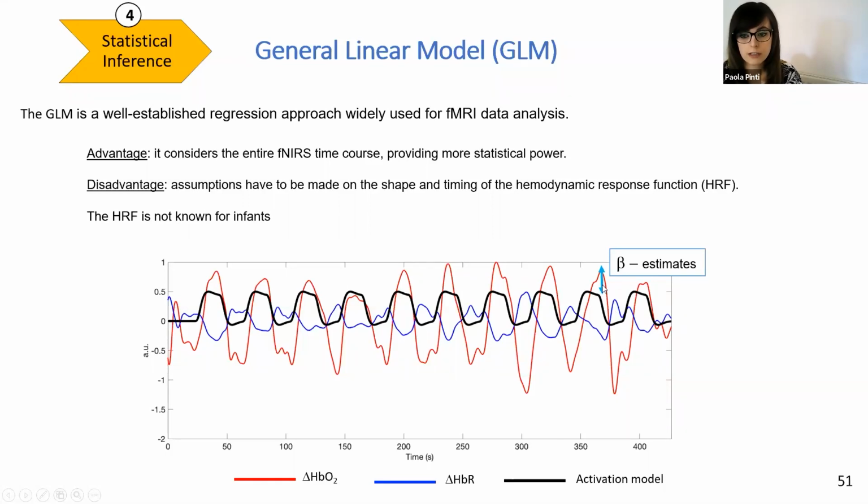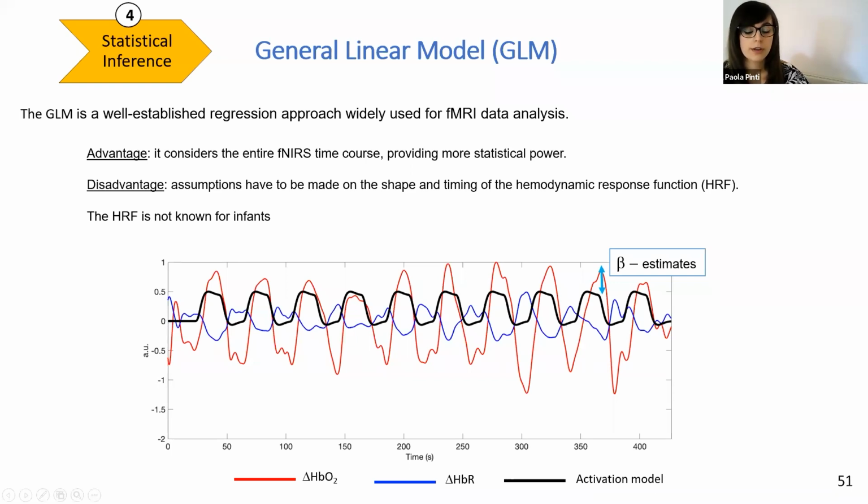So we estimate these beta values that indicate how well the fNIRS signal is similar to the model. The higher the beta value, the higher is the probability of having significant brain activation. This method presents the advantage of using the whole fNIRS time series, so we take advantage of the higher sampling rate of fNIRS and its higher temporal resolution.